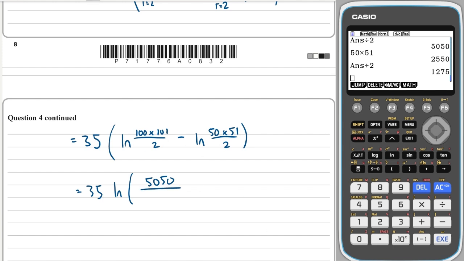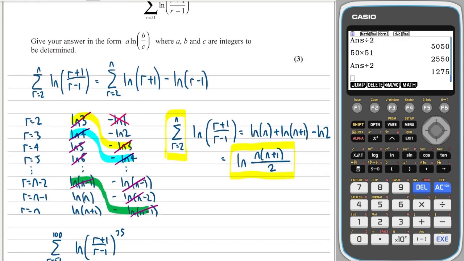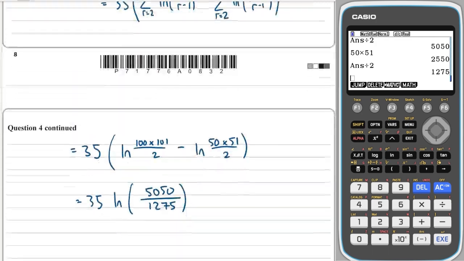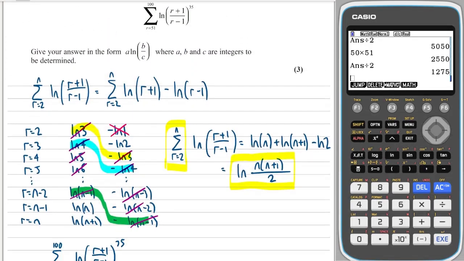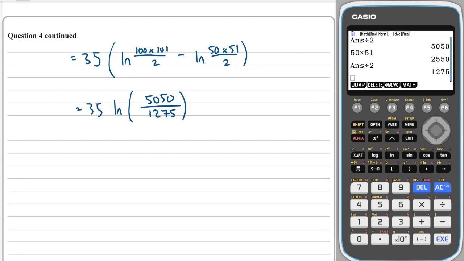We've got a minus sign in between, so we're going to be dividing. So 1275. And they want their answer in the form a ln b over c, where a, b and c are integers to be determined. So I think we're done. I mean, we could do a little simplifying here because I'm sure there's a factor which we could take out.